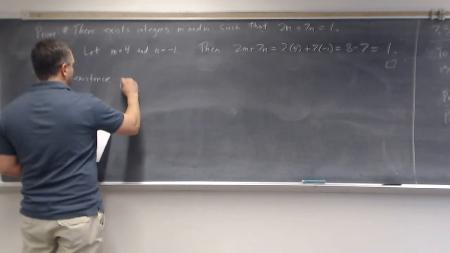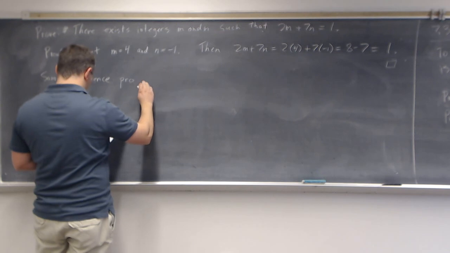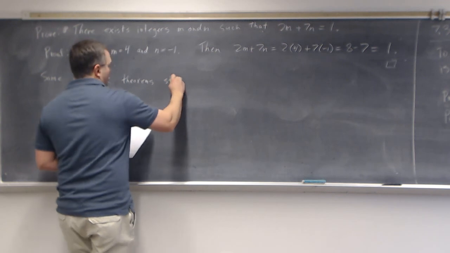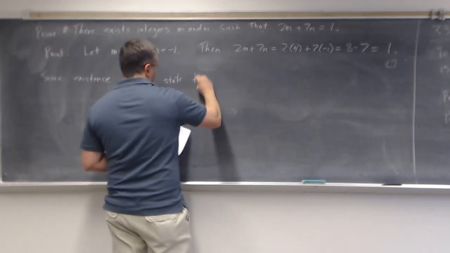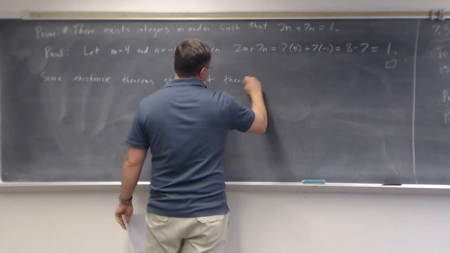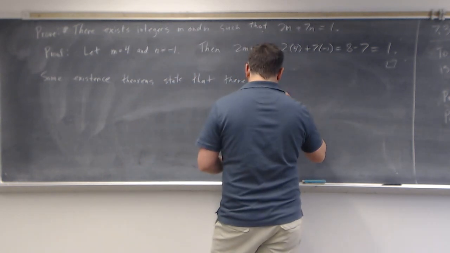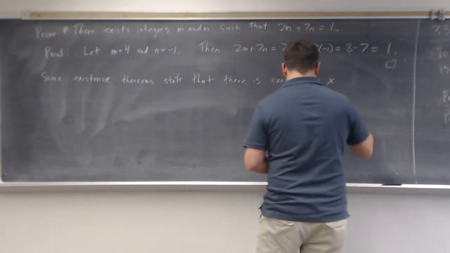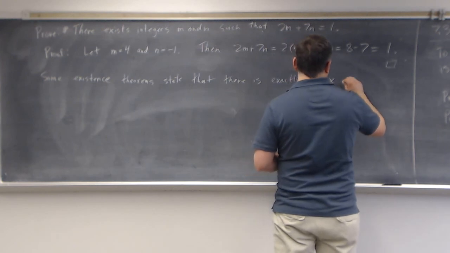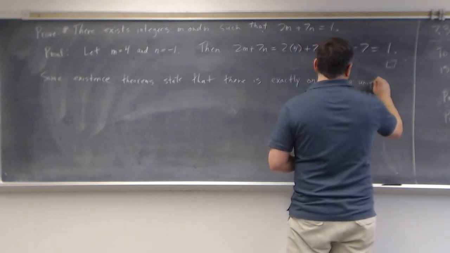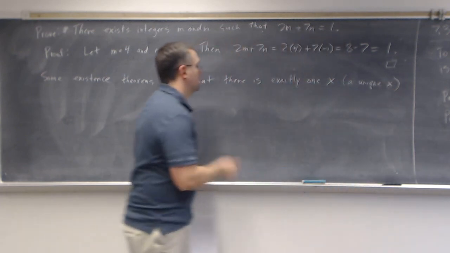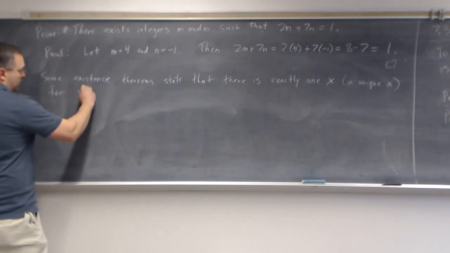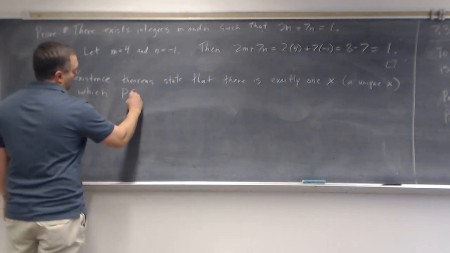Some existence theorems state that there is exactly one x, in other words, a unique x, for which a statement p of x is true.